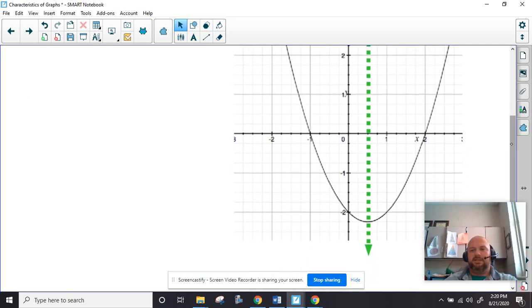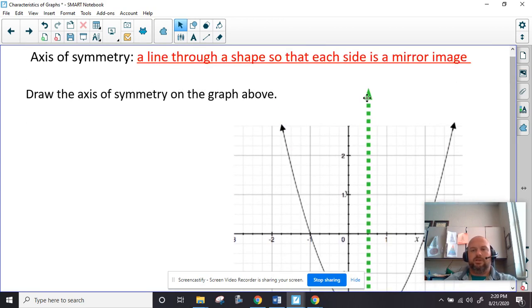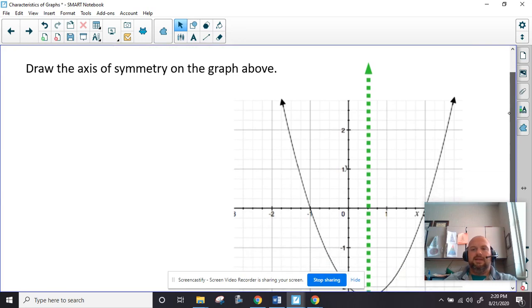It cuts it completely in half. Judo chop right there. And it's a dotted line because it's not really there. I know it's imaginary. When we do start graphing, hopefully we'll be back in the classroom by then. It will be a dotted line.